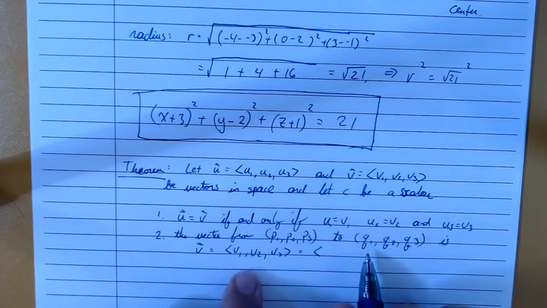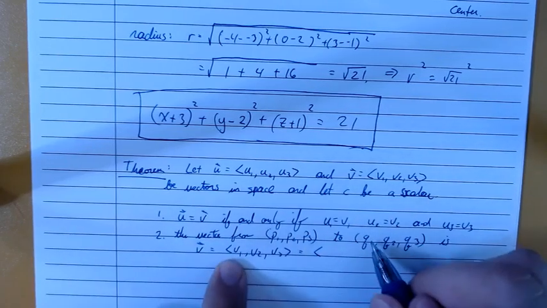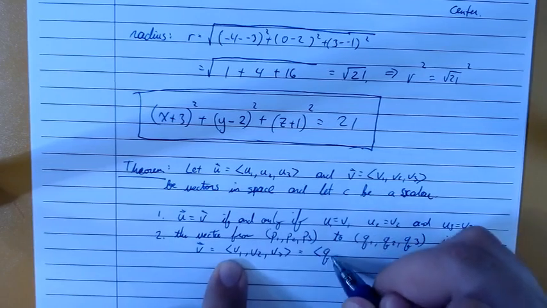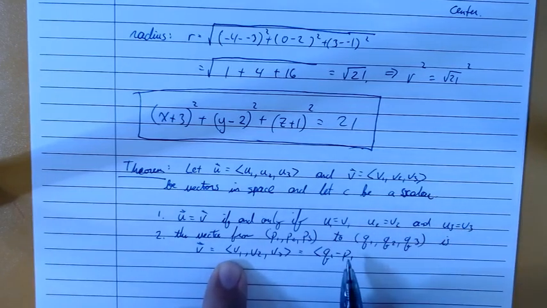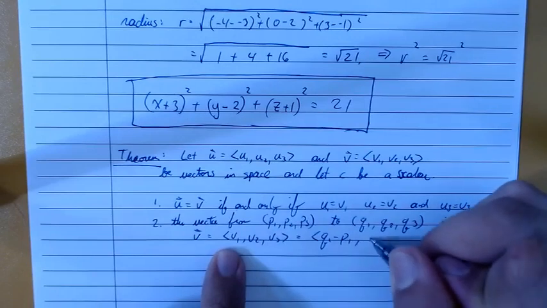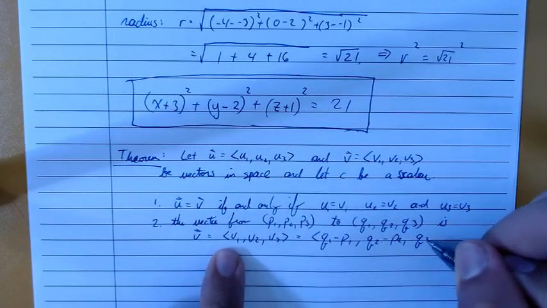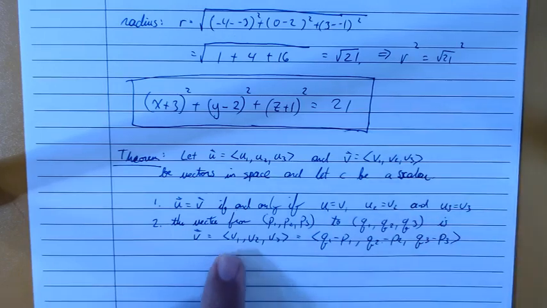Note that the order does matter here. If you're going from P to Q, then the first component is given by the first component of Q minus the first component of P. Basically, a component is given by the endpoint minus the initial point, where you're going minus where you started from. Here we're going to have Q2 minus P2 and Q3 minus P3 as our third component.